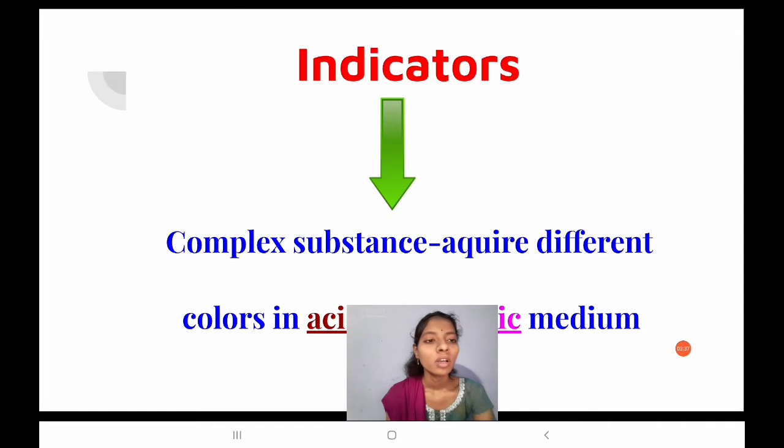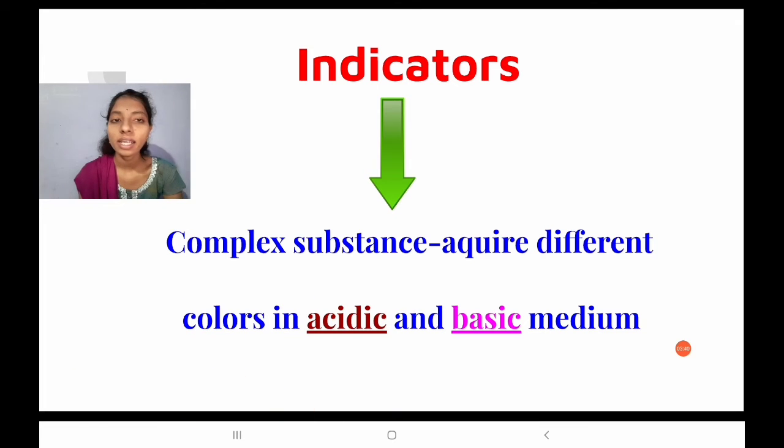So, indicators are used to indicate the complex substances which acquire different colors in acidic and basic medium, right? Why we are using indicators: the complex substances acquire different colors in acidic and basic mediums. By using these indicators, we can identify the acidic and basic solutions.